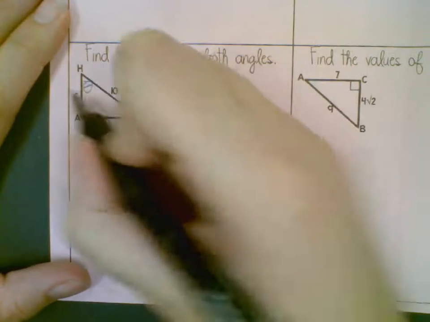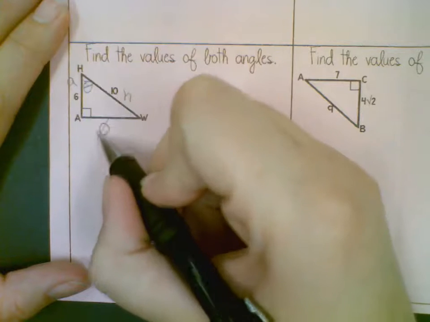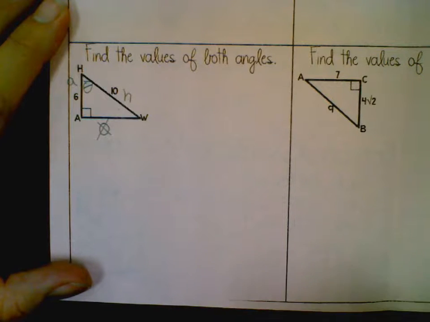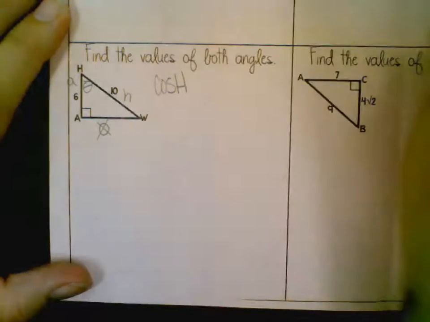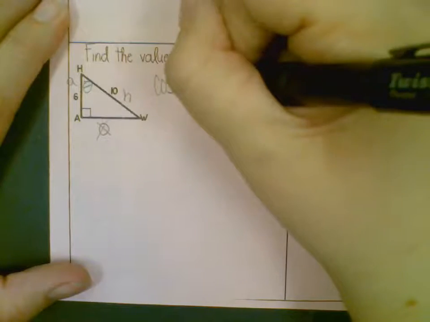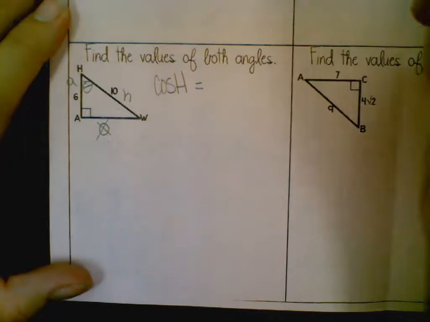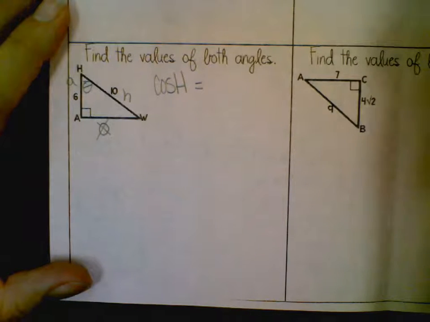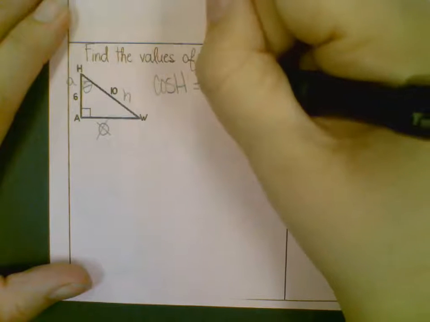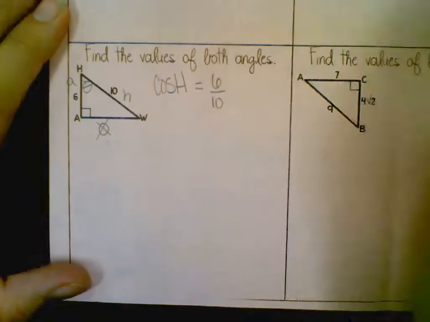So hypotenuse, adjacent, opposite. No opposite means we're going to use cosine. So cosine of H, or again you could put theta, but I'm trying to be specific since we're looking for angle H. Since we're going to do another one, if we just put one theta, it might get confusing. Okay, so adjacent over hypotenuse.